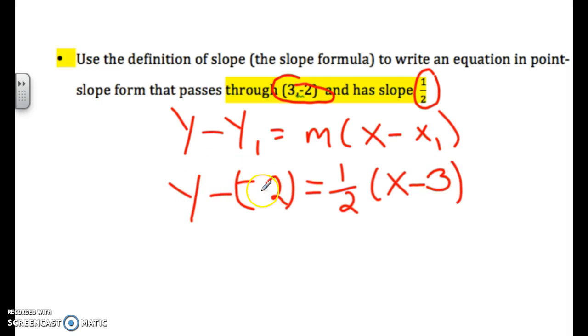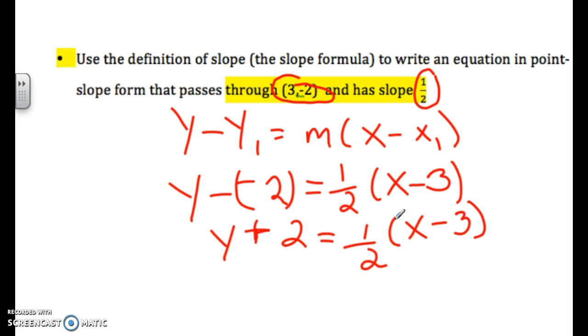Notice here, minus a negative, we're going to make that y plus 2 equals 1/2 times the quantity x minus 3. There you go. So that's the equation of a line in point slope form. Remember, point slope form is when you have a point and the slope.